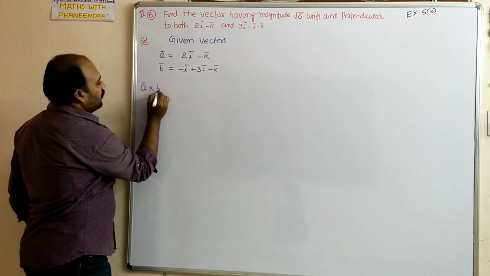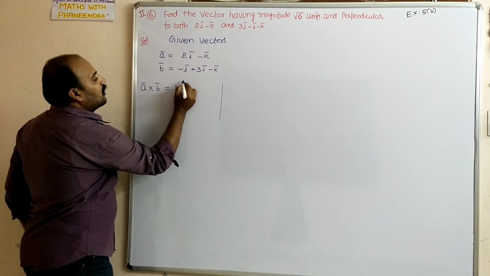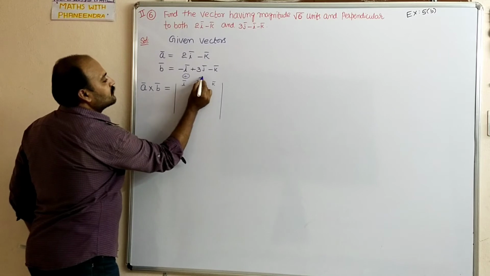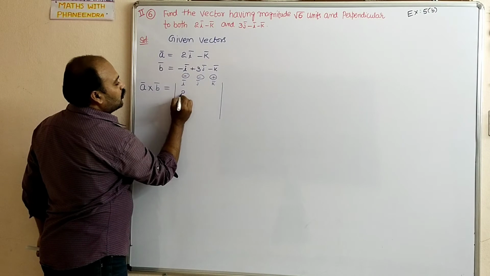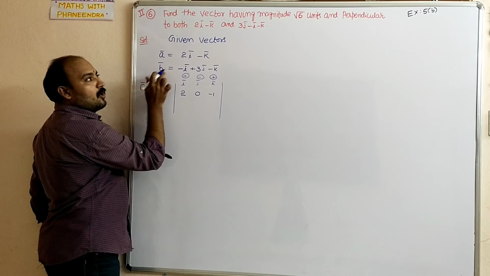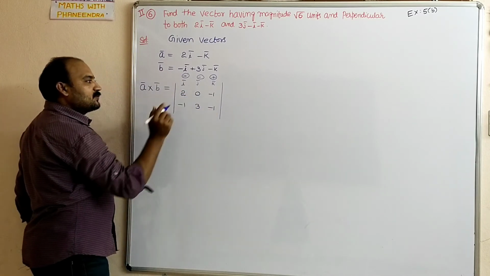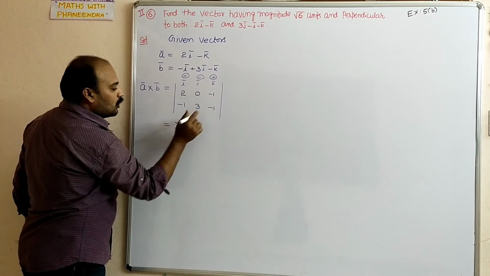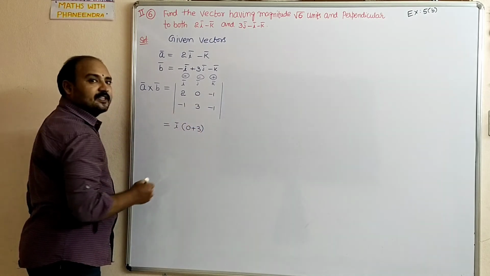a bar cross b bar is equal to the determinant of i bar, j bar and k bar. We know that it is plus, it is minus, it is plus. First a bar components: 2, j bar value is not there so 0, and k bar value is minus 1. In the b bar vector the components are minus 1, 3, minus 1. You have to expand: i bar into 0 minus 3 into minus 1, minus of minus 3 is plus 3.